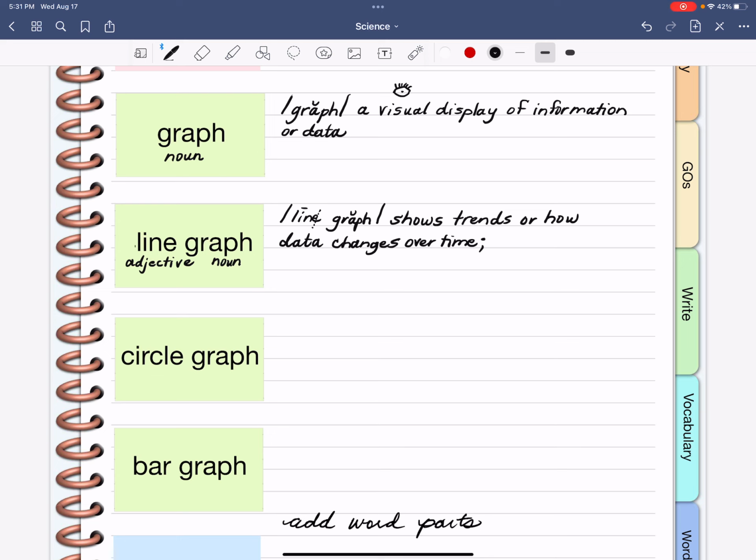And that is rise or increase, fall, which means decrease, and then constant means no change. So as we work with line graphs, we often use these 3 terms to describe what's happening with the line graph.